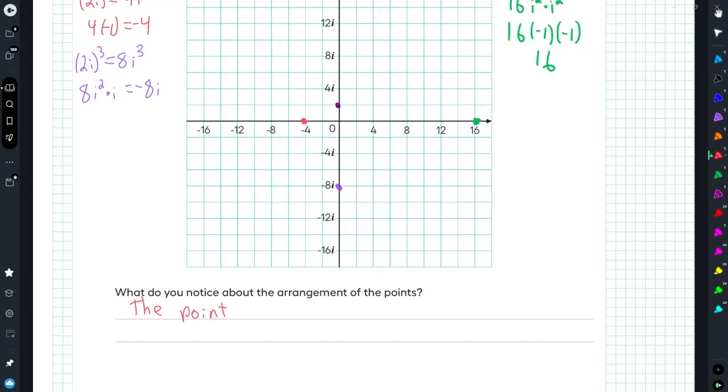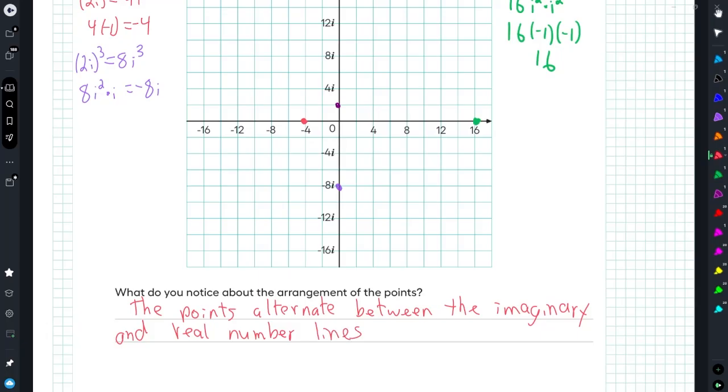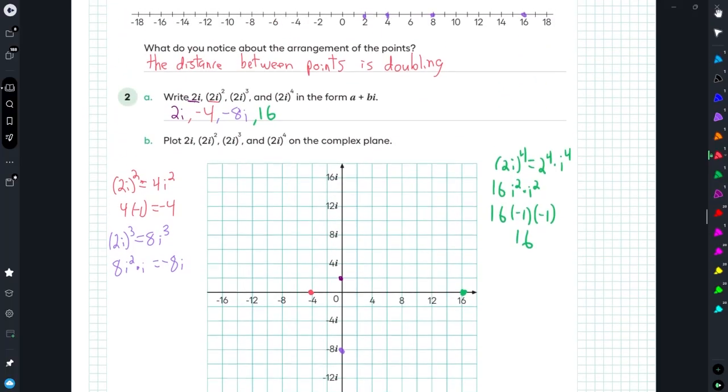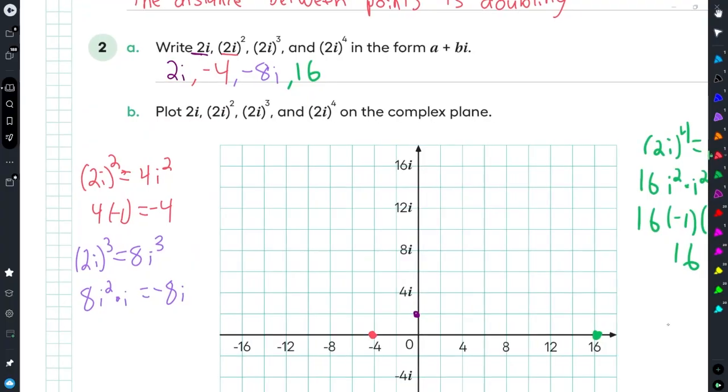The points alternate between the imaginary and real number lines. So what that means is that when we multiply complex numbers, we might get a real answer, because 2i squared is really 2i times 2i.